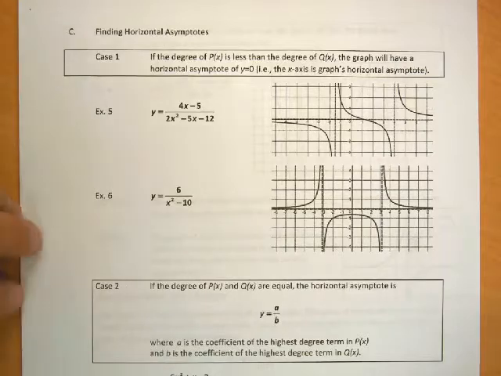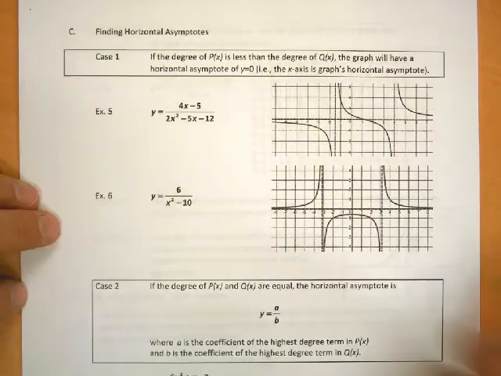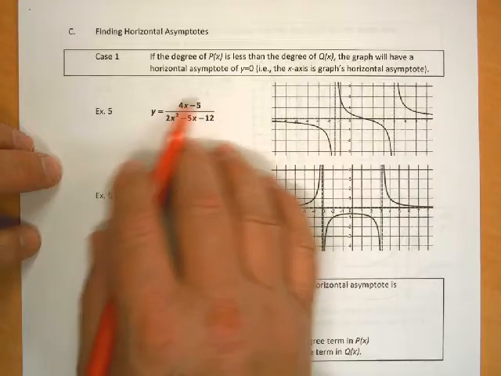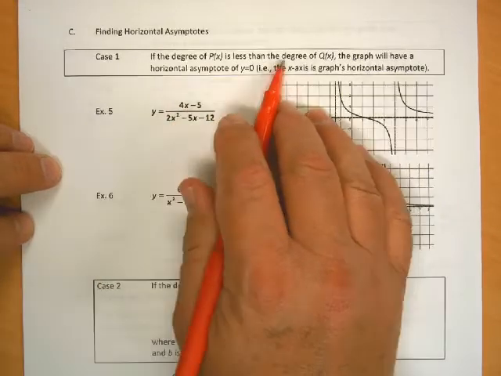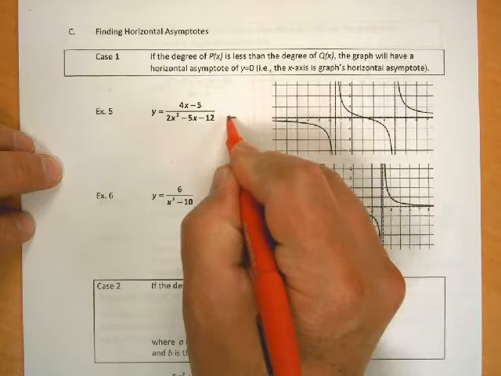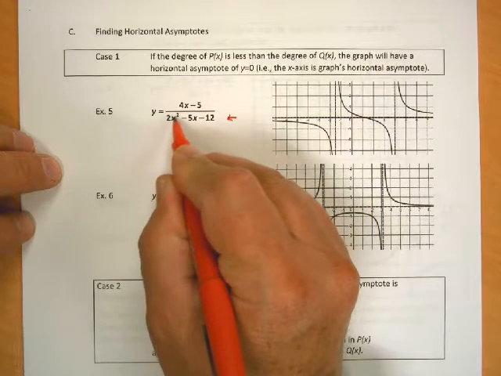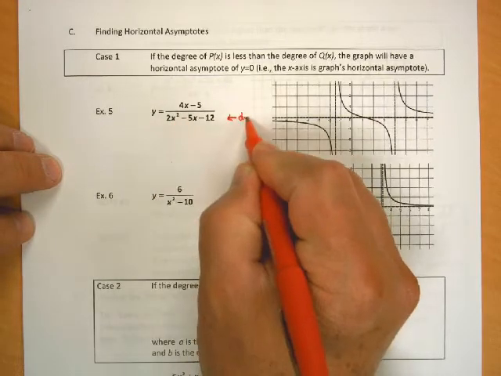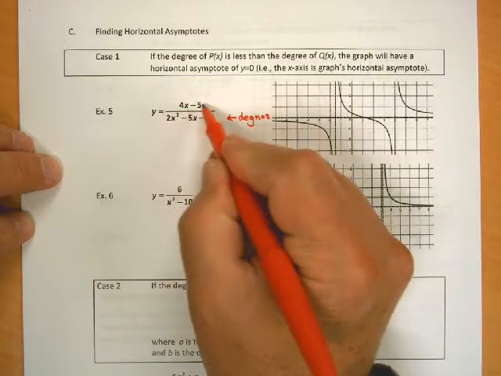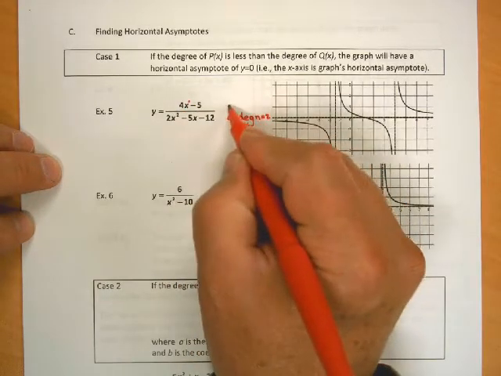Okay, there are three cases. The first case is when the p of x, that'd be the top one, has a degree that's less than the degree of the bottom one. So this one has, since it has that x squared, with the second power there, it's degree 2. And this one, with a first power there, is degree 1.